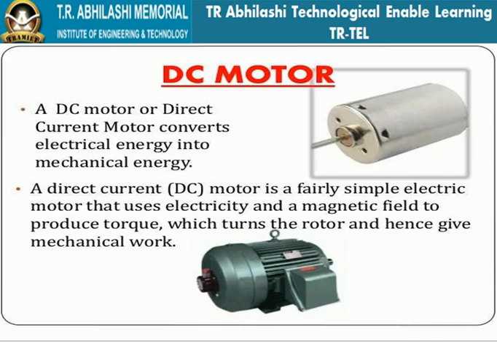In such cases you need a good braking system and good speed control. For that DC motors are used. What are DC motors? DC motors are direct current motors which convert electrical energy into mechanical energy. A direct current motor is a fairly simple electric motor that uses electricity and a magnetic field to produce torque.